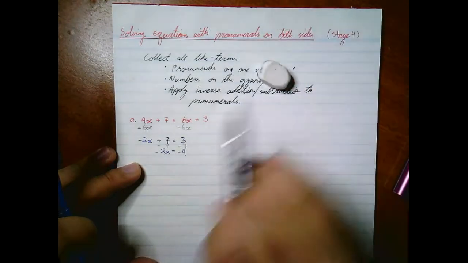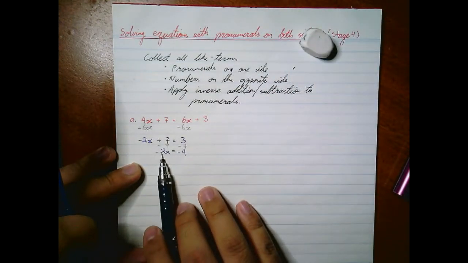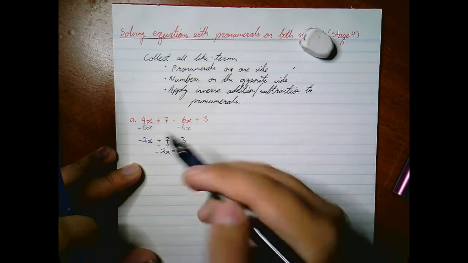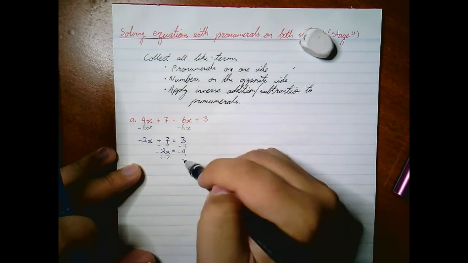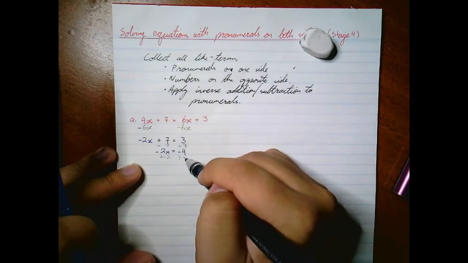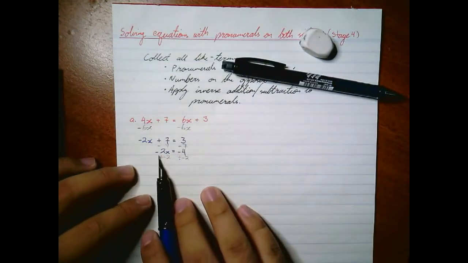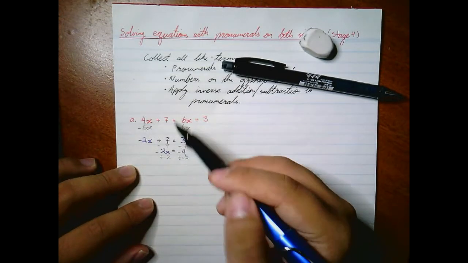And then the inverse operation to this one here. This is x times negative 2. So we're going to divide by negative 2, dividing both left and right by negative 2. Negative 2 divided by negative 2: 2 divided by 2 is 1.